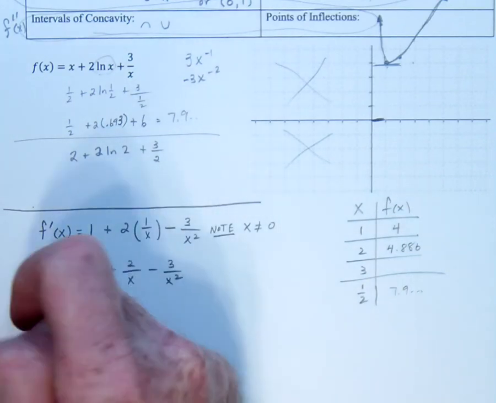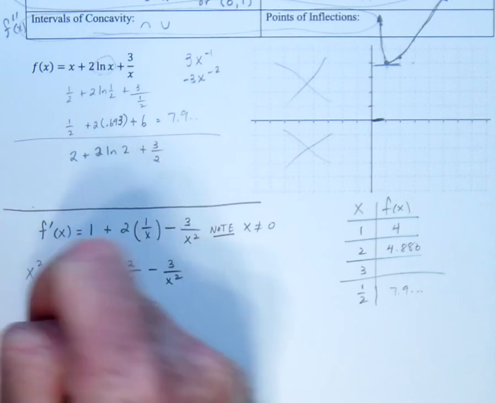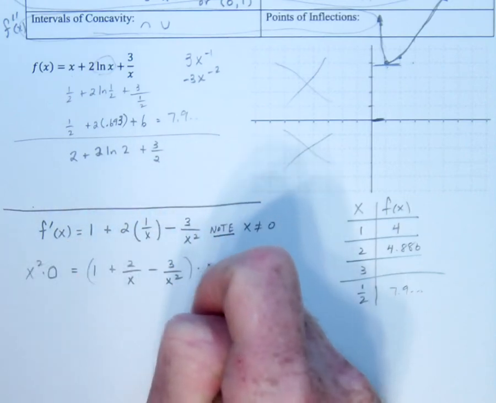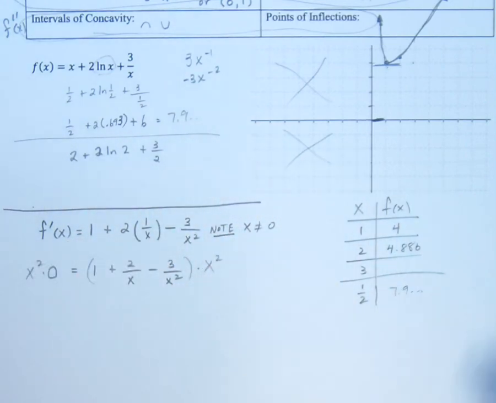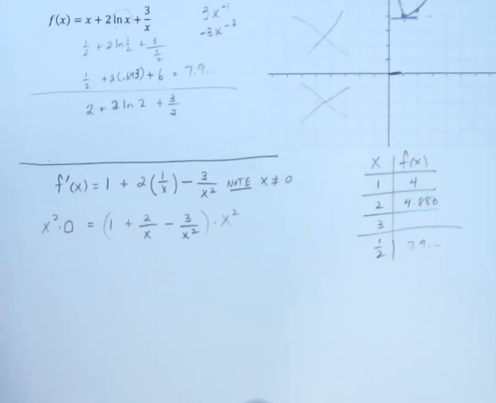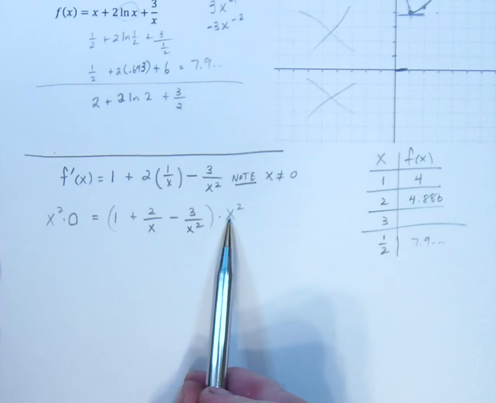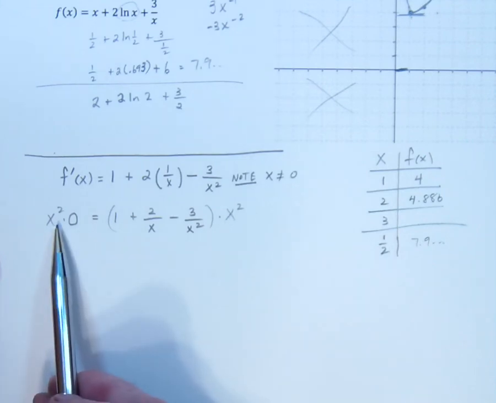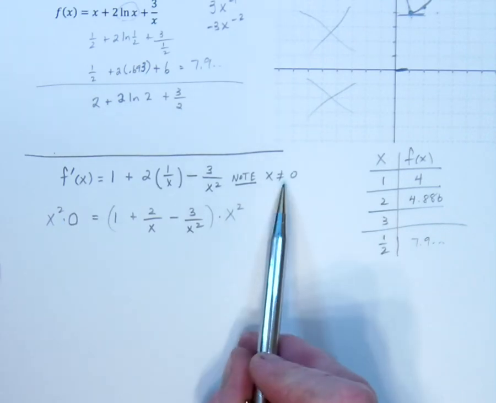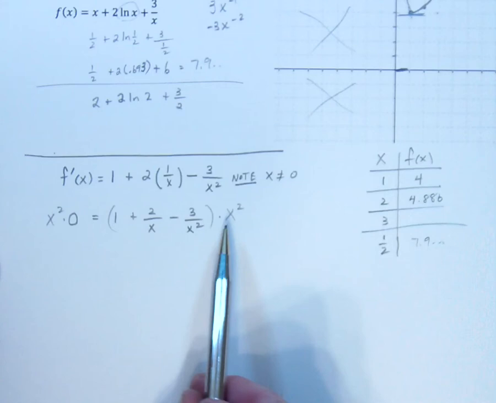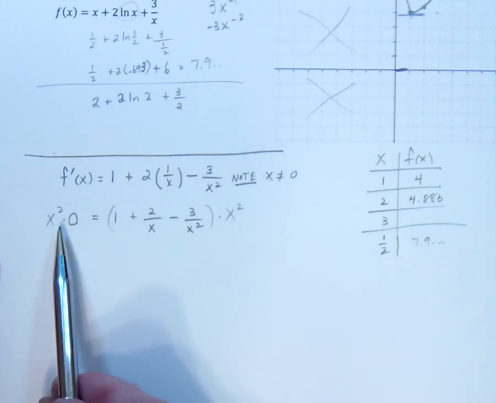What I'm going to do is multiply both sides by x squared to get rid of the fractions. In general, when you're doing algebra, you have to be careful to not multiply both sides by a variable, because it's possible that x equals 0, but luckily for us, we already noted that x cannot equal 0, so this algebra is legal.